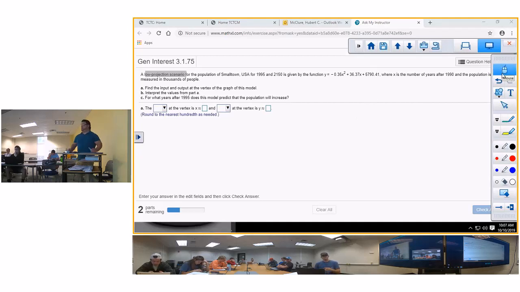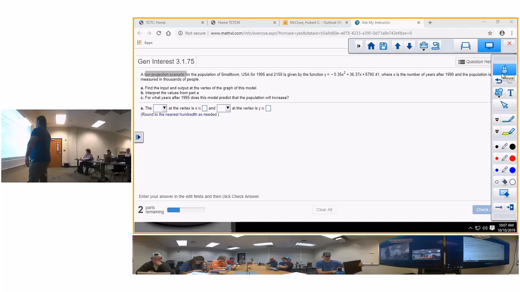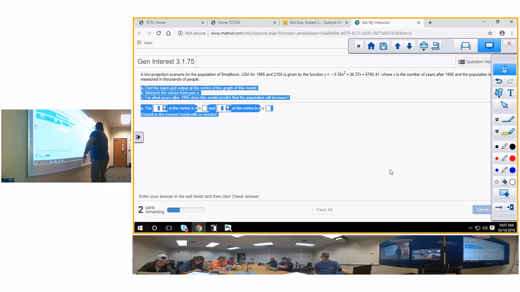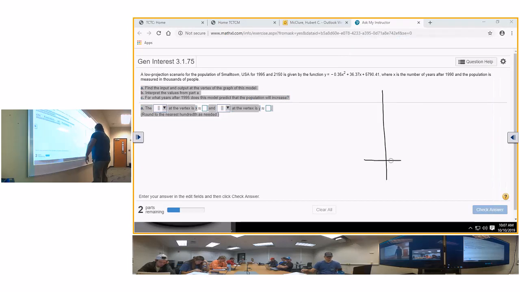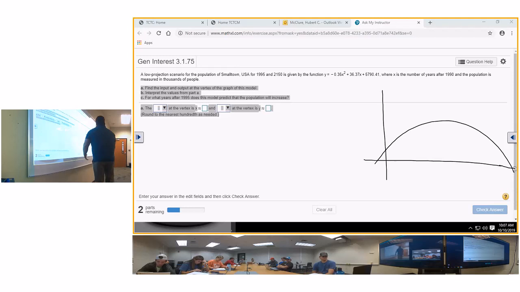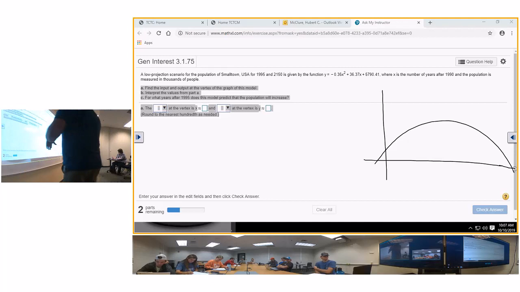Because the parabola that looks like this has all kinds of applications in business because it's in the first quadrant, most of it. So you're going to see this again.